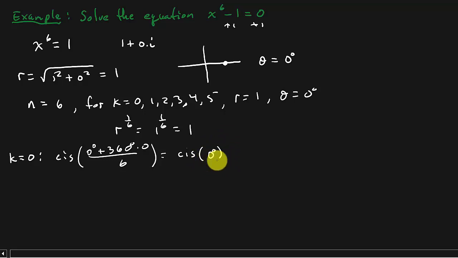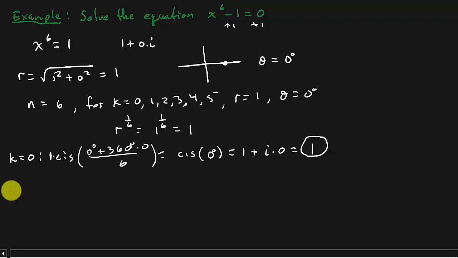And so then I do cosine 0 plus i sine 0. One times that is the same thing, so you don't have to write the 1 in front. Cosine 0 is 1, sine of 0 is 0, and so that's just 1. There's your first solution.